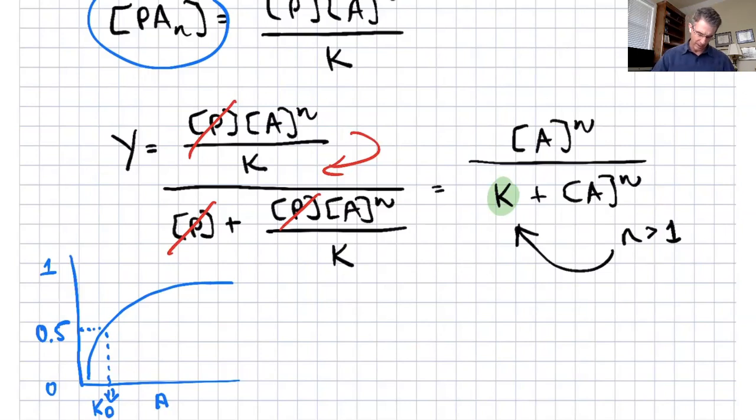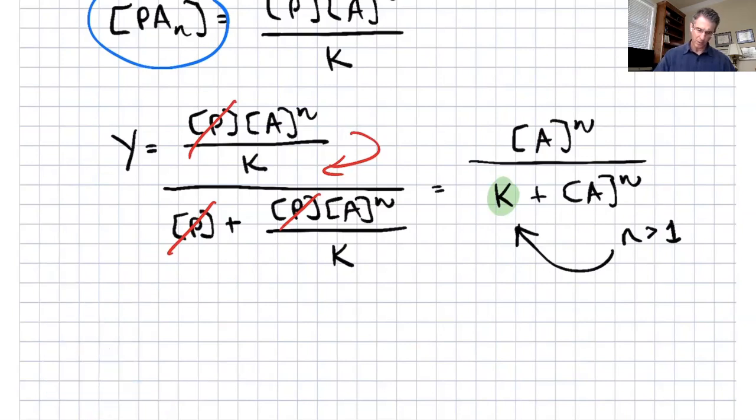Because what that means is we could think about the half saturation point. So look what happens if I set the fractional saturation equal to 0.5, that halfway point.